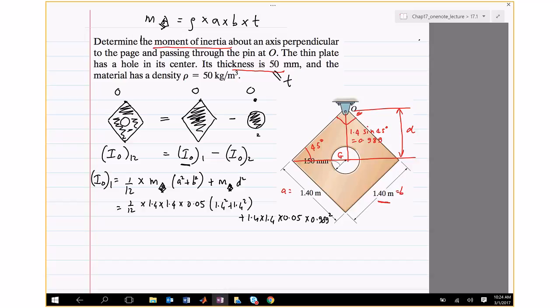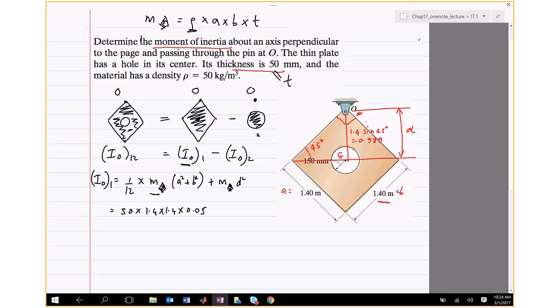Oh yeah, I missed the density. Good catch. Let me rewrite this. I missed rho. So rho is 50. Just to make this easier to write, I'm going to pull out the mass. So rho is 50 times 1.4 times 1.4 times 0.05.